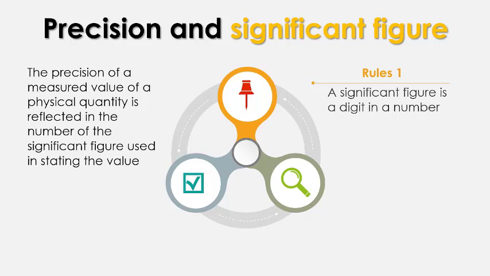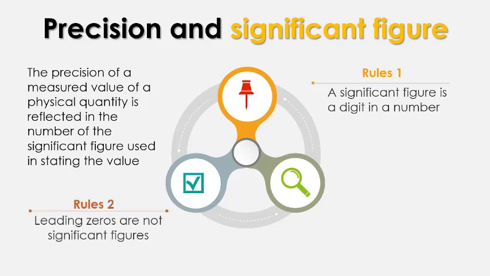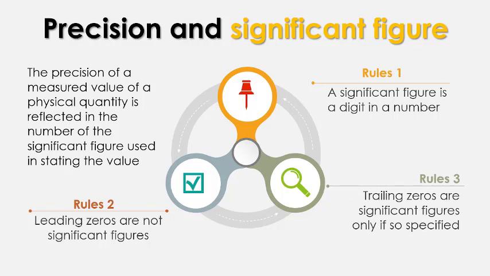Rule 1. A significant figure is a digit in a number. Rule 2. Leading zeros are not significant figures. Rule 3. Trailing zeros are significant figures only if so specified.